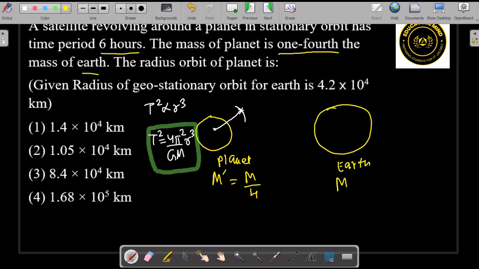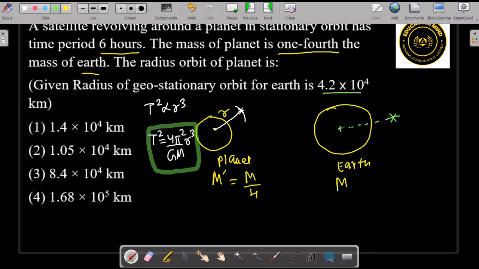Okay, so what they are saying, the mass of the planet is 1/4, then the radius of orbit of the planet is, let's say r, and for Earth, radius will be anything, but they are also saying geostationary satellite of Earth.